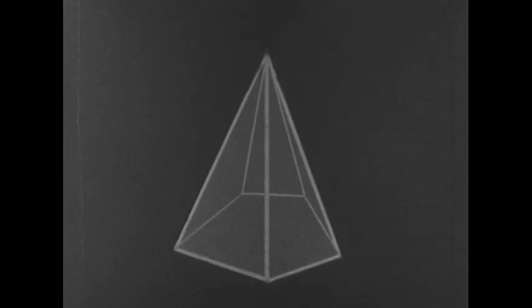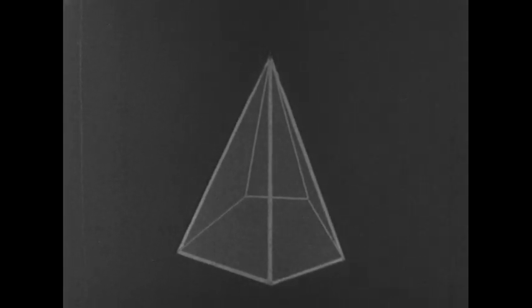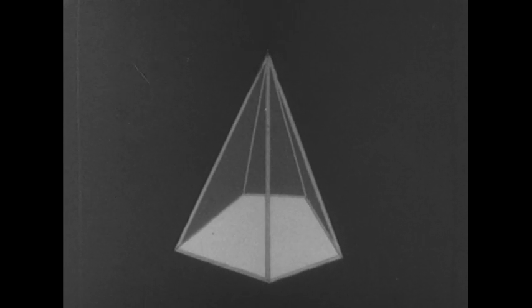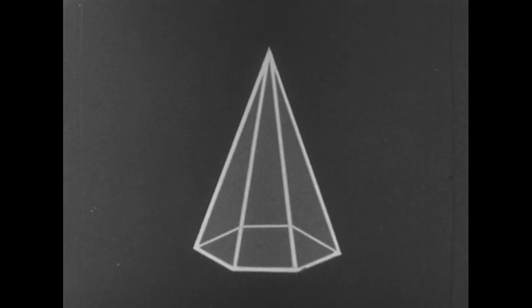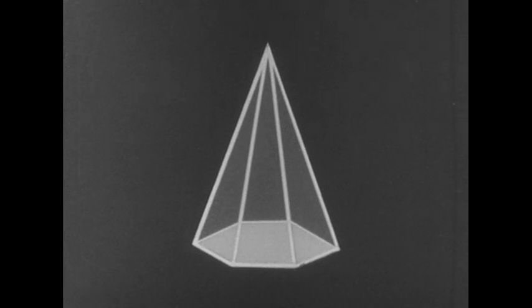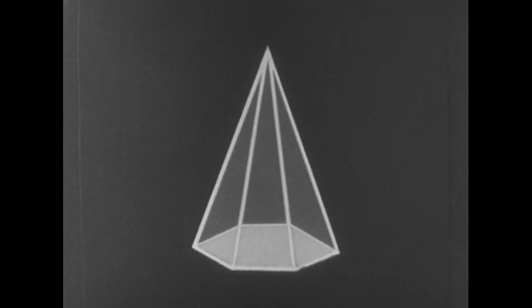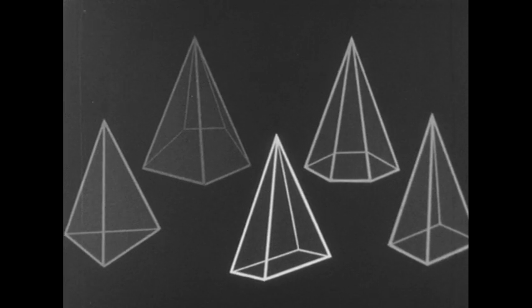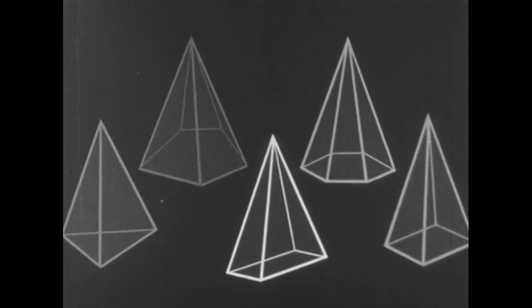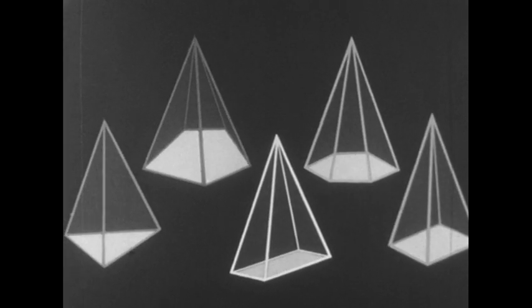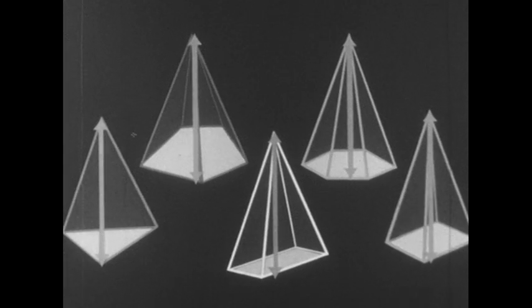The base of a pentagonal pyramid is 5-sided, a pentagon. A 6-sided pyramid, a hexagonal pyramid, is so called because its base is a hexagon. The volume of any of these pyramids can be computed if we know the area of the base and the dimension we call height.